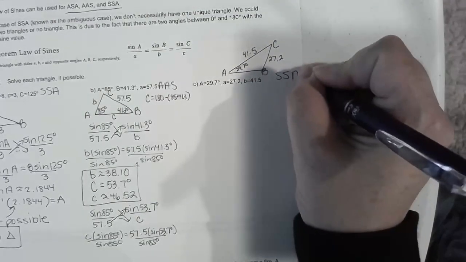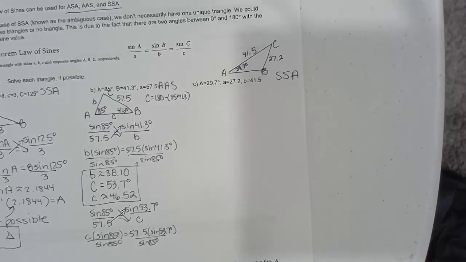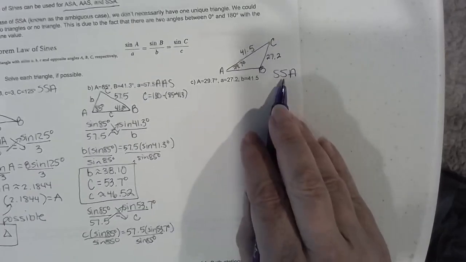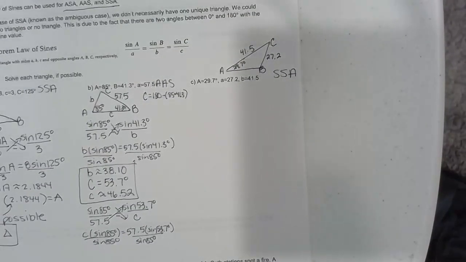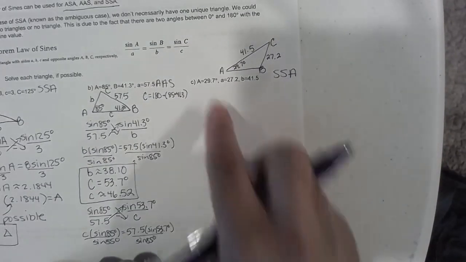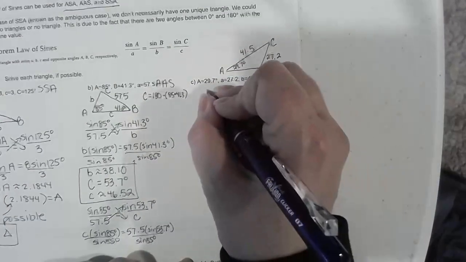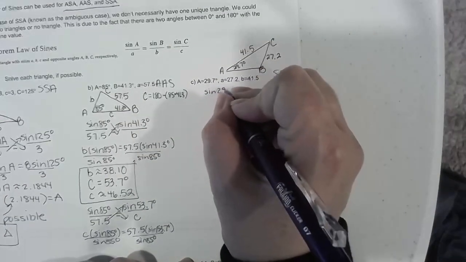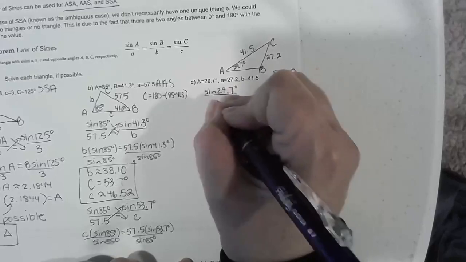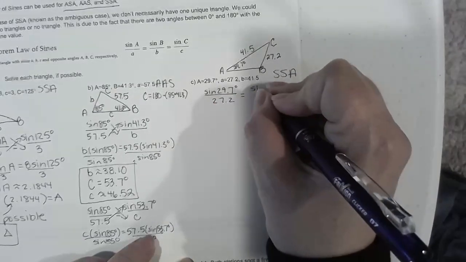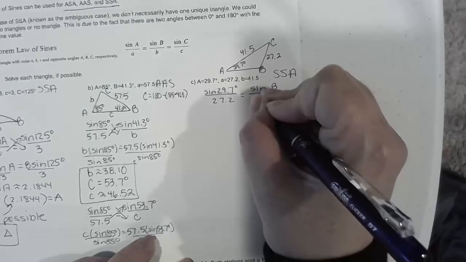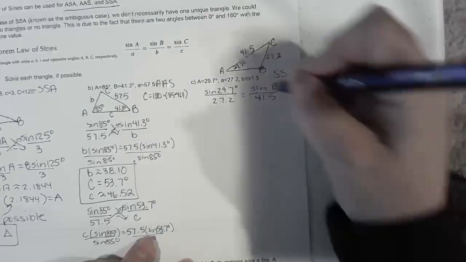So the reason it's important that I decide which one I have is because I have to be on the lookout for the ambiguous case or no triangles. So side angle, I have to be on the lookout. So set it up as normal. So sine of A over A, so sine 29.7 degrees over 27.2 equals the sine of angle B over 41.5.